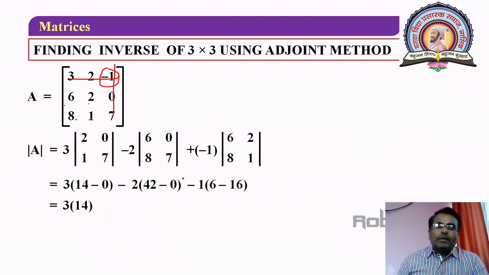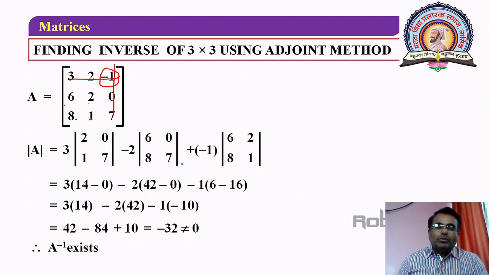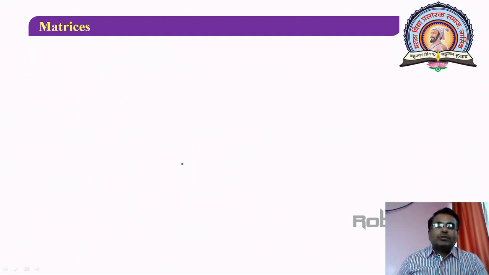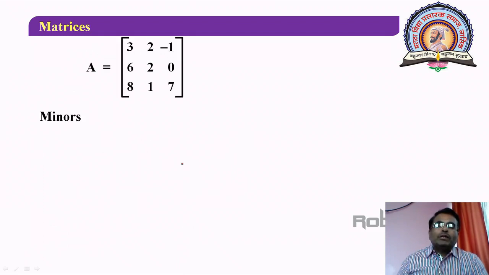So therefore you will get 3 into 14 minus 2 into 42 and minus 1 into minus 10, and therefore 42 minus 84 plus 10, that is equal to minus 32, which is not equal to 0. Therefore A inverse exists. Now we have to consider the given matrix A, which is 3, 2, minus 1; 6, 2, 0; and 8, 1, 7.